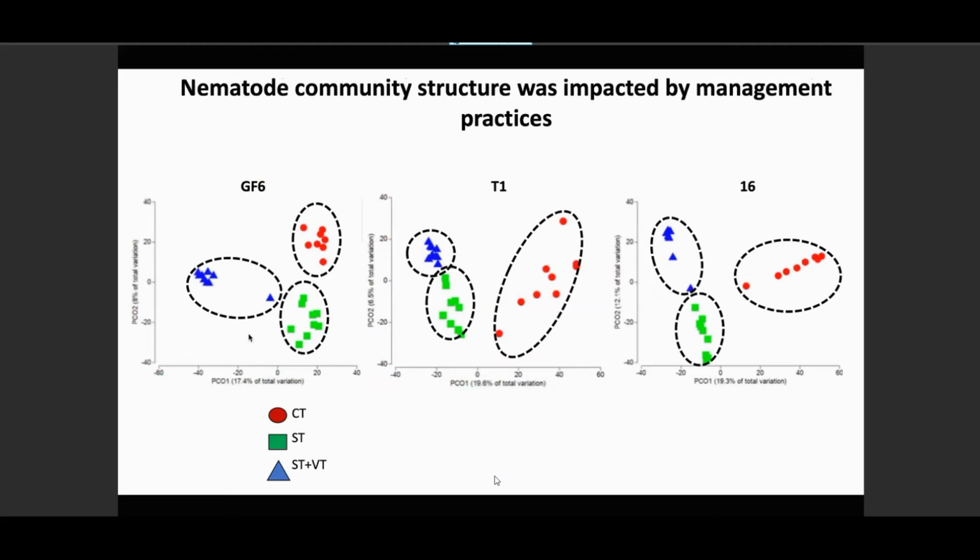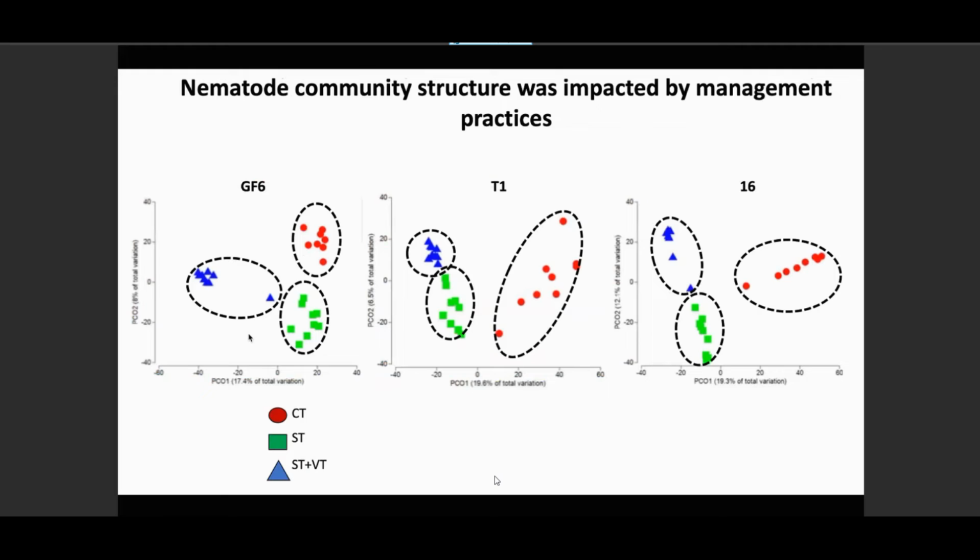And then we used our sequencing data to find out how different management practices impact the structure of the nematode communities in soil. Here we see a few principal coordinate analysis plots, and in this analysis every symbol represents one plot, which is replicated twice.